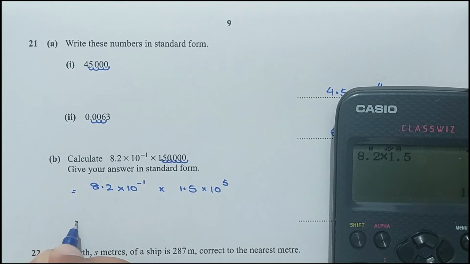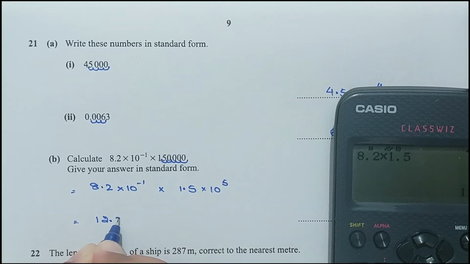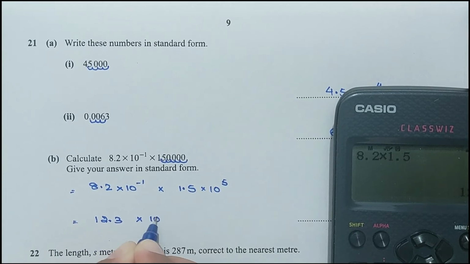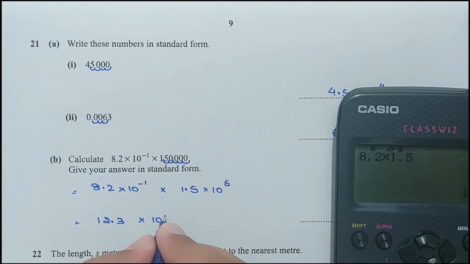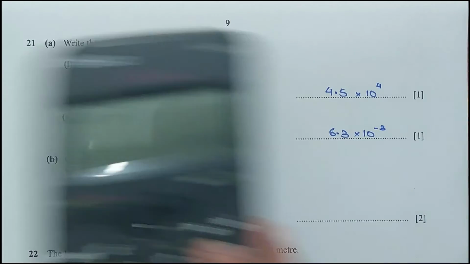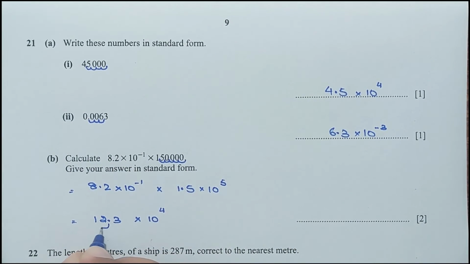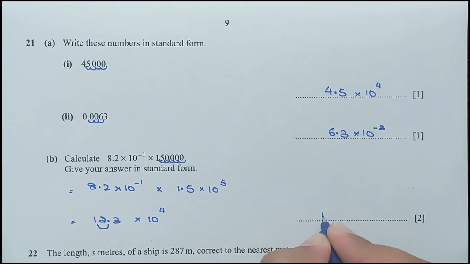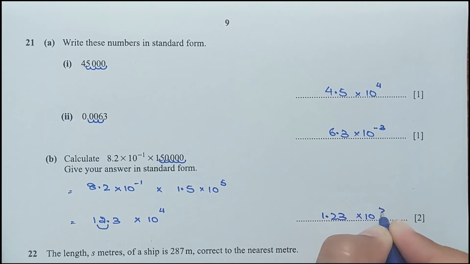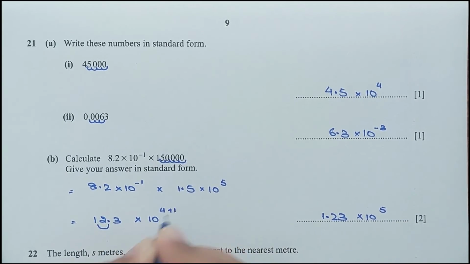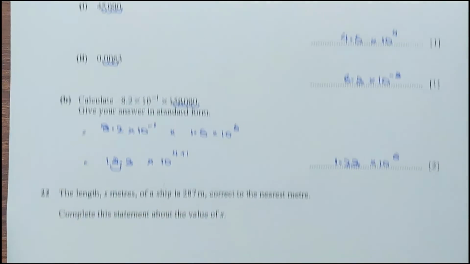So we have 12.3 times 10 to the power 5 and negative 1, that would be equal to 4. Or we can move the decimal point 1 unit to the left, so that is 1.23 times 10 to the power 5. So we add 1, moving 1 unit to the left, so adding 1.